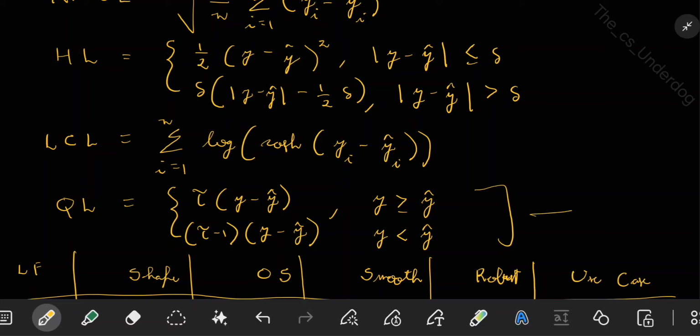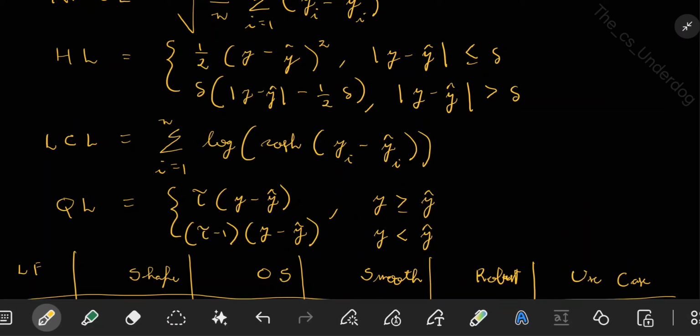But in the case of quantile loss, you have two formulas because this makes sure that, let us say tau is somewhere like 0.9, then for all the errors which are lower, that is underestimation, you will have one particular behavior, and for overestimation, whenever you have more value, you will have a different loss function, different behavior.